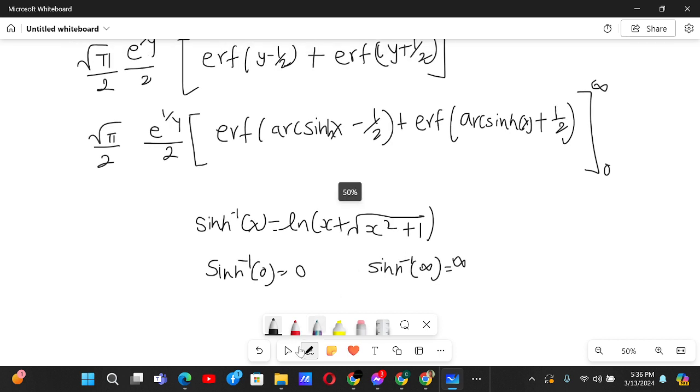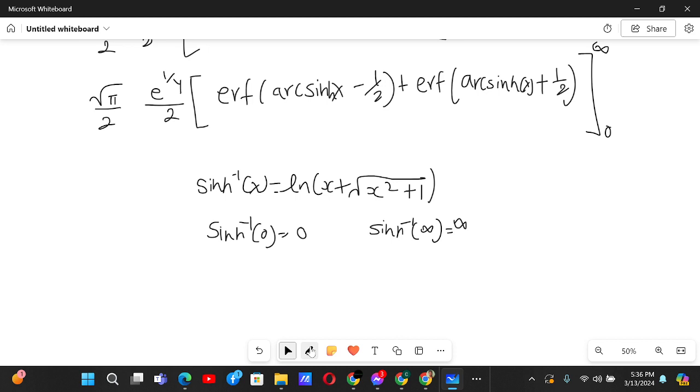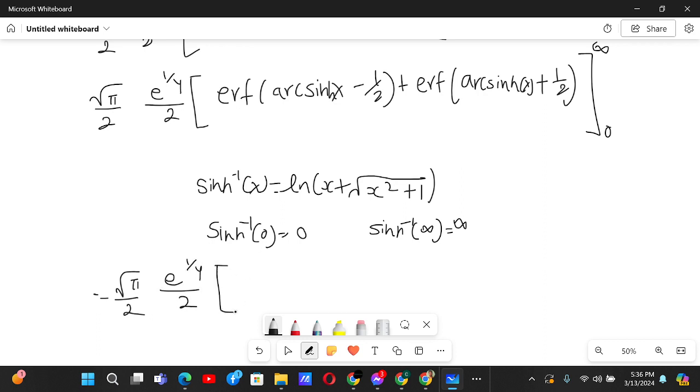So now, since we know these values, we can evaluate this, and this will come out to be root pi by 2 e to the power 1 by 4 by 2, and erf of infinity is just 1, minus erf of minus 1 by 2, and minus erf of 1 by 2.